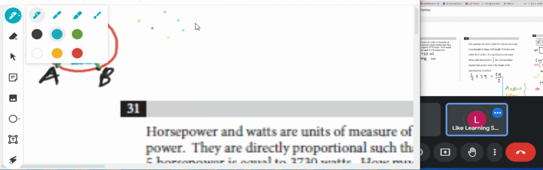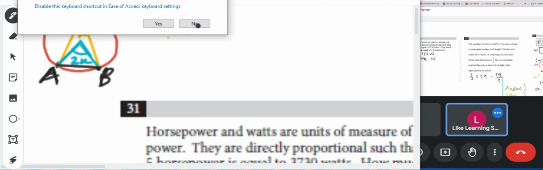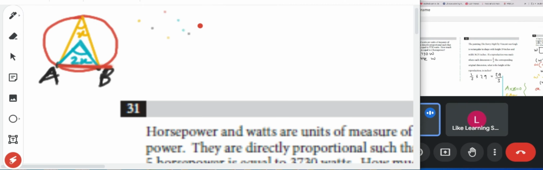By the way, just for emphasis, what do you call this black line? This black line is called a chord. Okay.